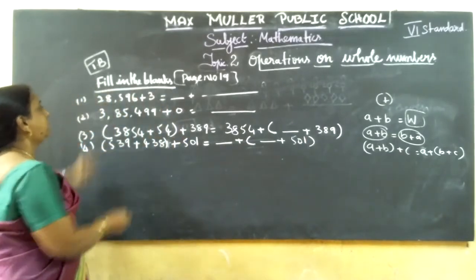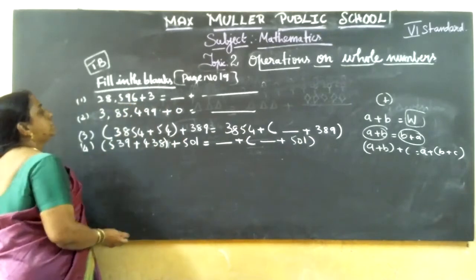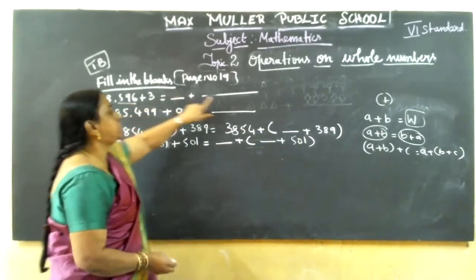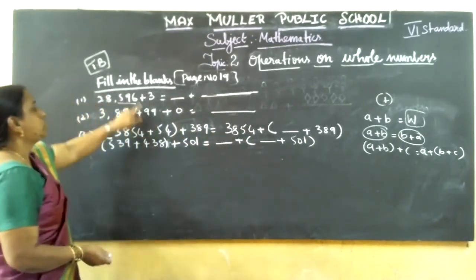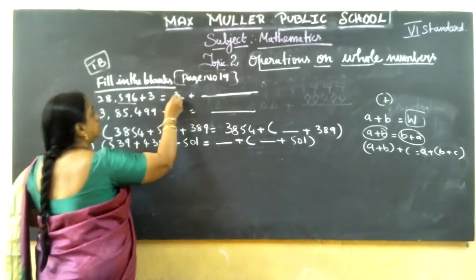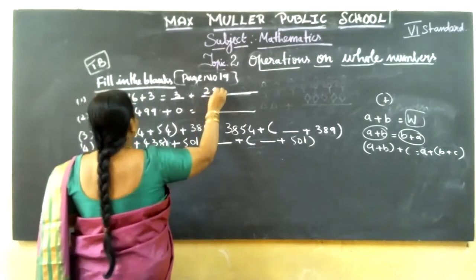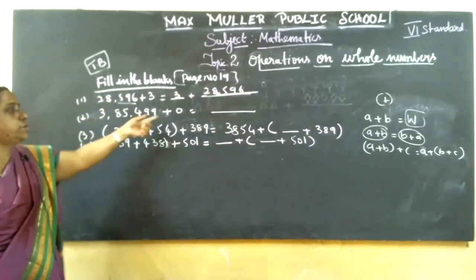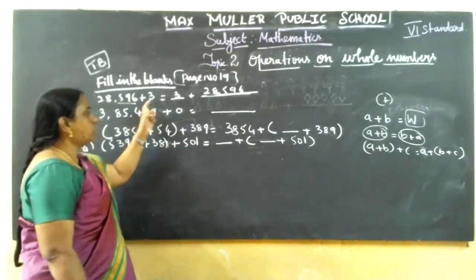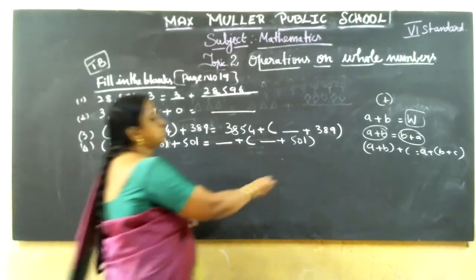So here 28,596 plus 3 is equal to dash. If you want to make both the sides equal, you can change here 3, here 28,590, because if you change the order, it won't affect the result. So both the sides are equal. That is the commutative property.